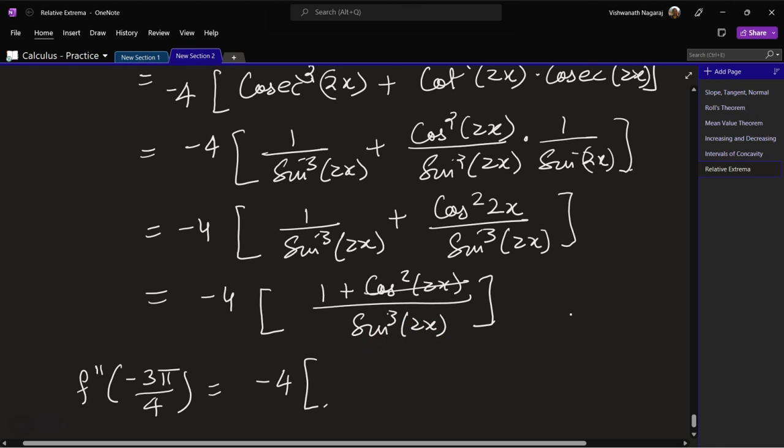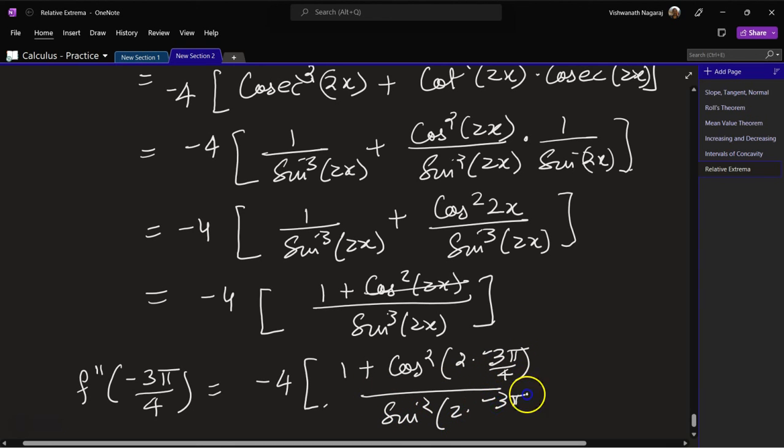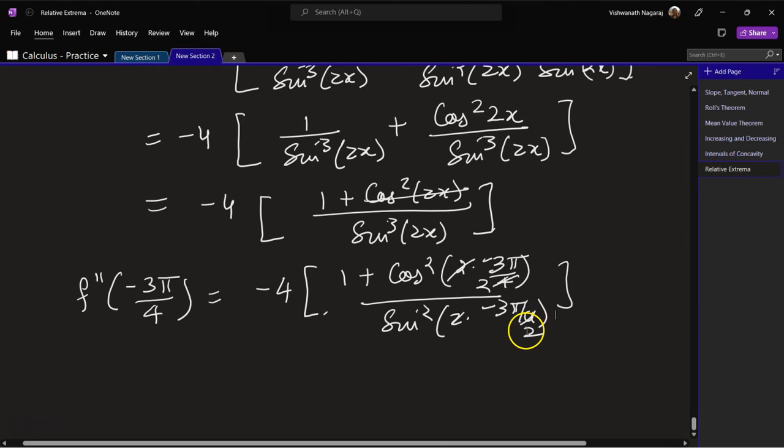Now, sine cube, so 1 plus, let me just write it off so that you can say 2 times minus 3 pi by 4 by sine square 2 times minus 3 pi by 4. 2, 2, 2, 2. Okay. What will this give us? Minus 4, 1 plus some positive entity, positive figure, divided by, this is cube.